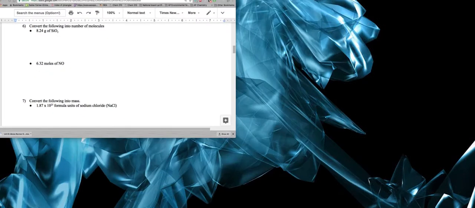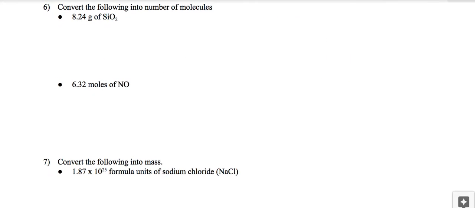So we have our 6.32 moles nitrogen oxide. 1 mole is going to equal 6.022 times 10 to the 23rd molecules.